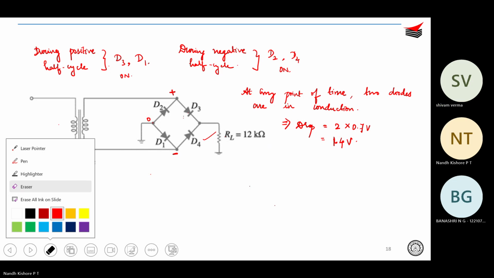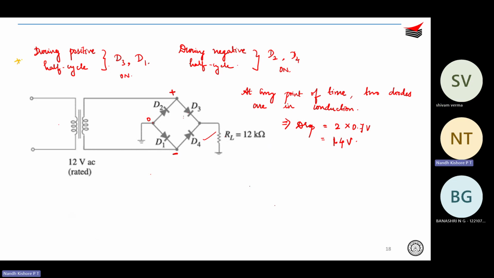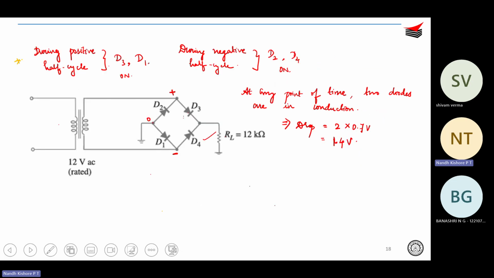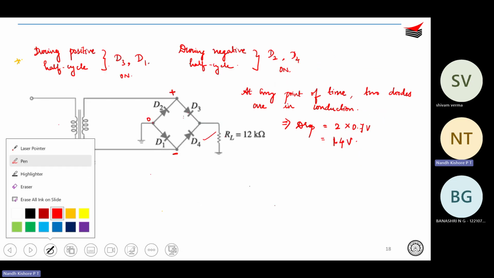Yes, sir. So at any point of time you have a 1.4 volt drop, which means that instead of applying Vm, we have to account for the drop, so you cannot directly apply 12 root 2. The peak value would now be decreased, that is 12 root 2 minus 1.4.